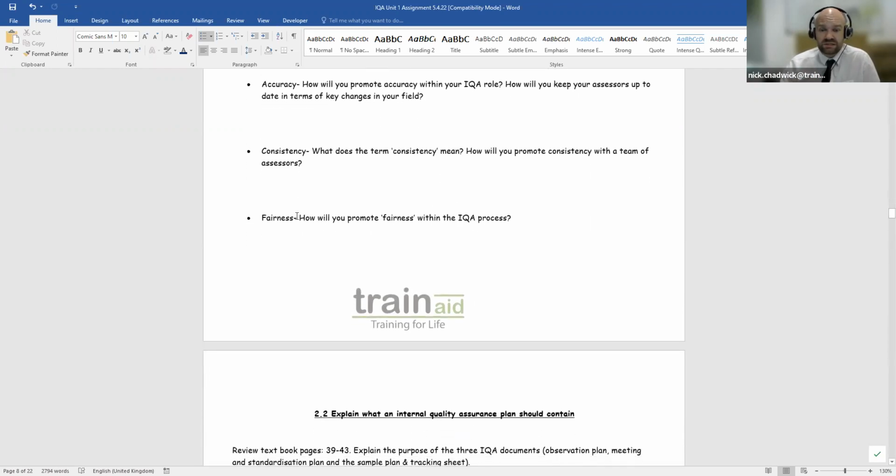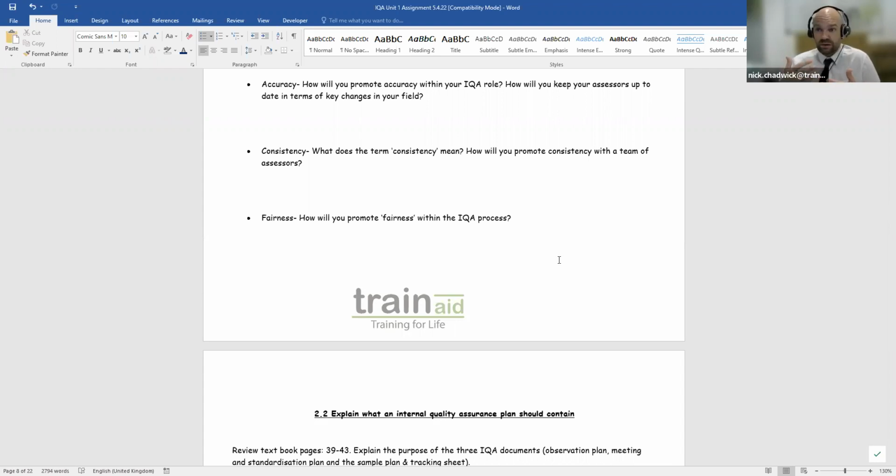Accuracy, consistency, and fairness. How will you promote these three key terms? How will you promote accuracy within your IQA role? How will you keep your assessors up to date in terms of key assessment detail changes within your field? How will you promote consistency?